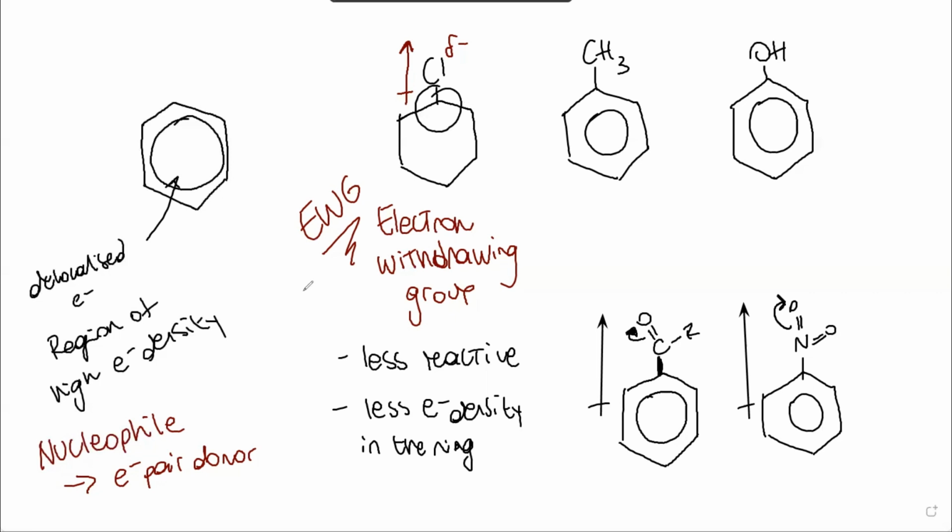But the ones to remember are the nitro group, acyl, just the addition of an acyl group, or a carboxylic acid like benzoic acid. And then chlorine and all the halogens are electron withdrawing groups, so they decrease the reactivity.